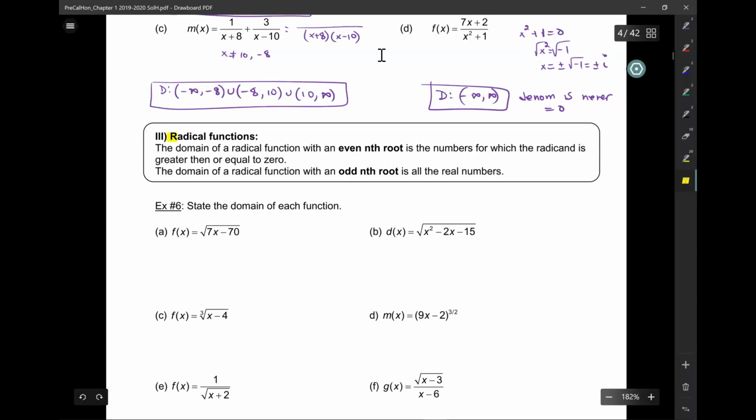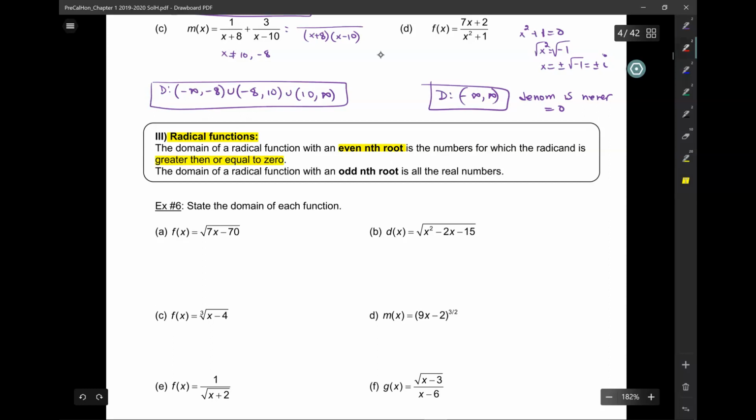Okay, so radical functions, this has nothing to do with their political views, right? They're just under a radical. So the domain of a radical function, if it has an even nth root, is the numbers for which the radicand is greater than or equal to 0.